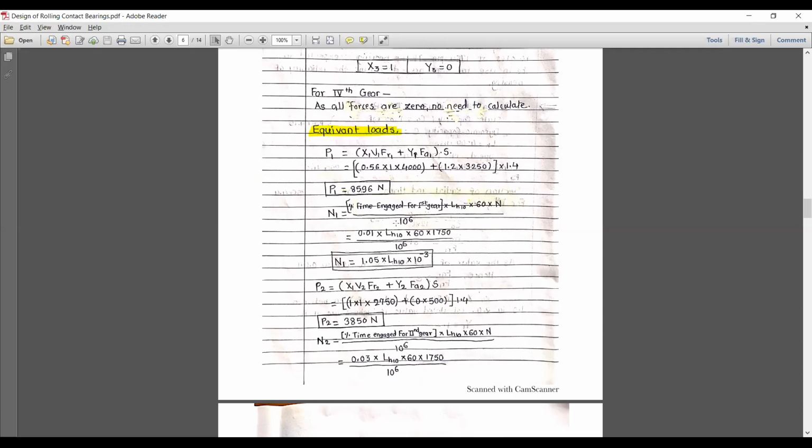Now that engagement time also plays an important role.